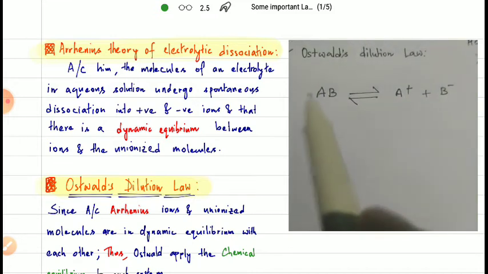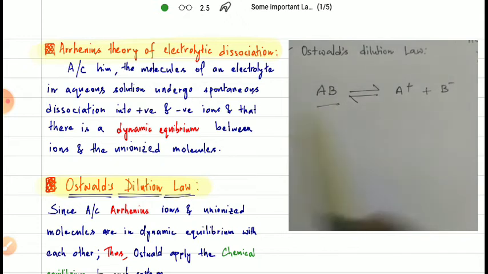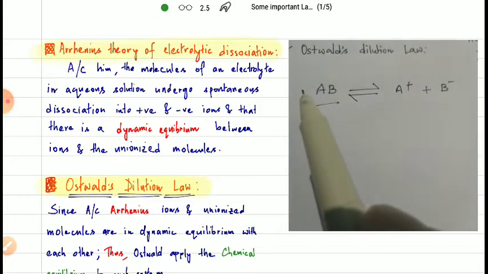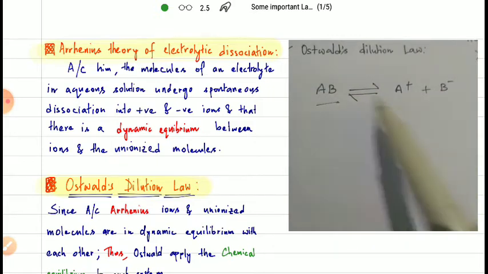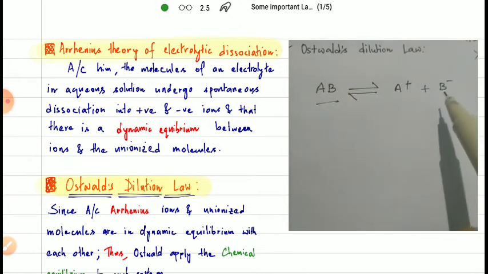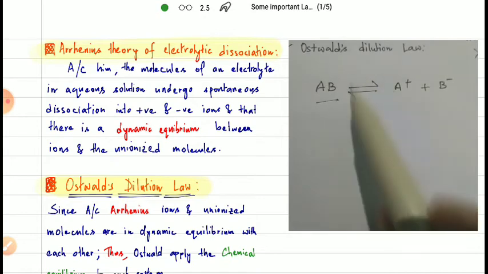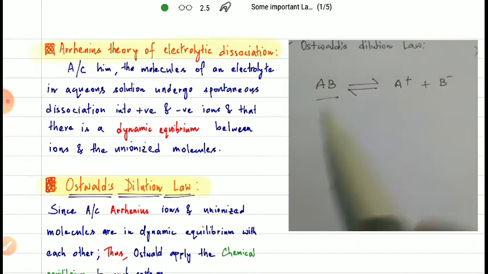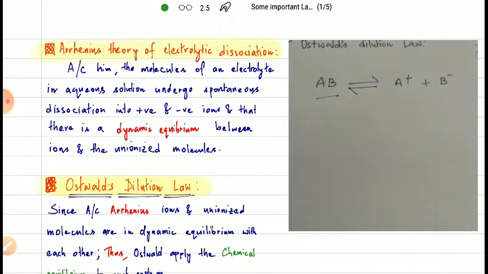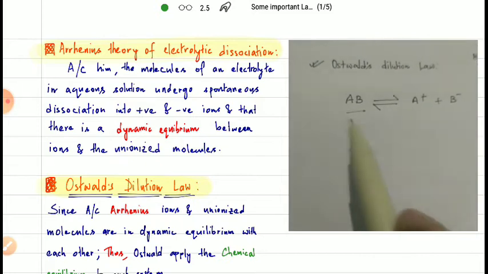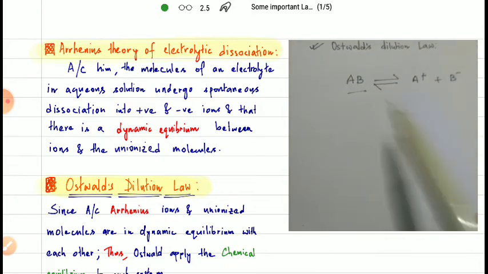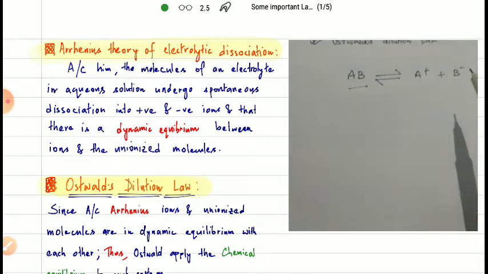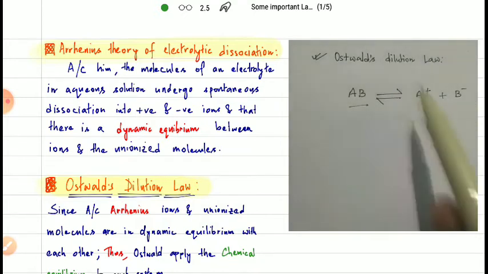Let's suppose this is your electrolyte, AB, and according to the Arrhenius theory, we know that this will dissociate into its ions spontaneously, and there will be some dynamic equilibrium between these ions and the unionized molecules. What he did was quantify this process. He tried to find the equilibrium constant for that reaction.